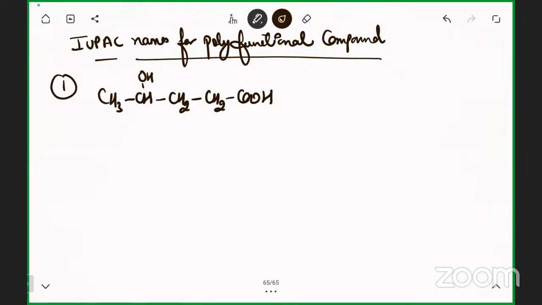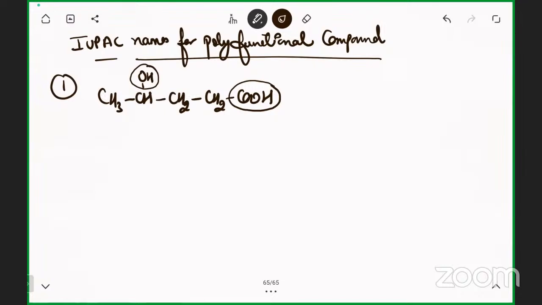First, you have to select the longest chain. Second, you can see that two functional groups are present: one is alcohol, another is carboxylic acid. So first you have to see which functional group has the higher priority. Carboxylic acid, sir.